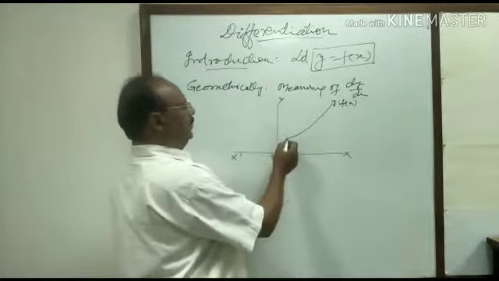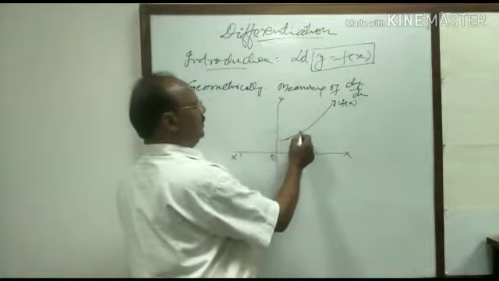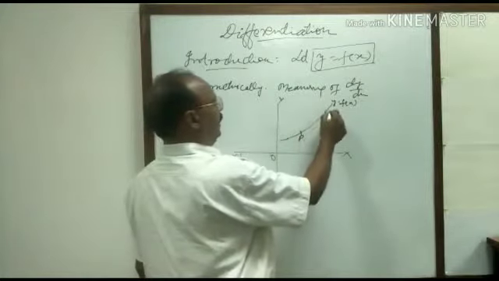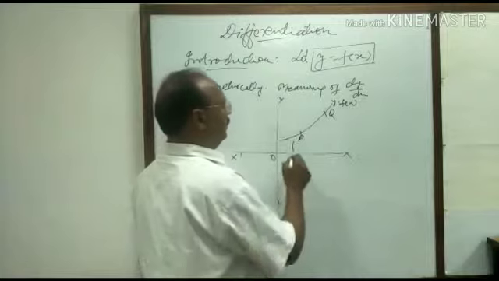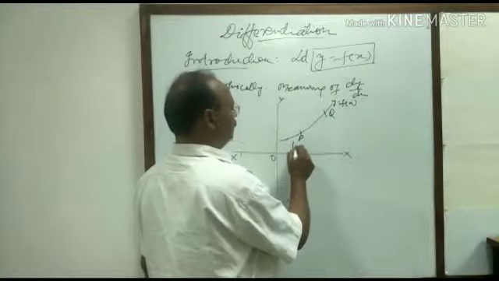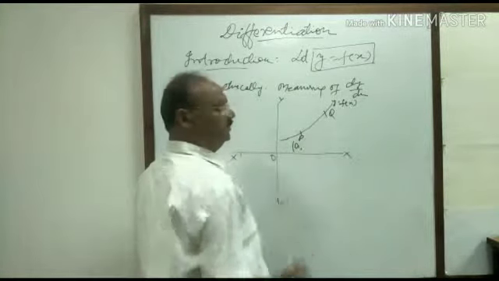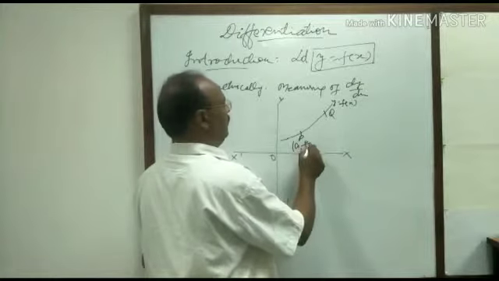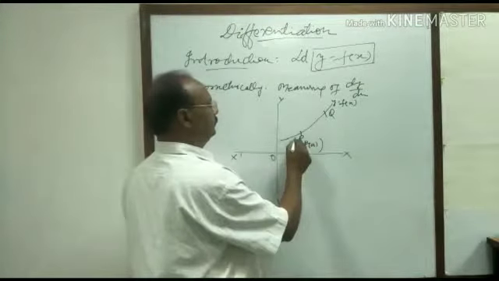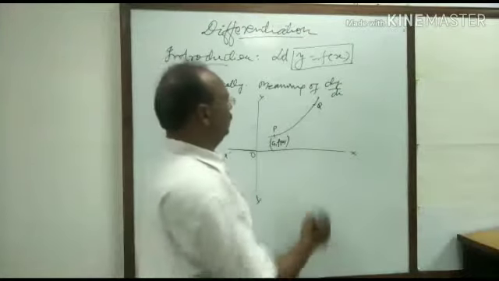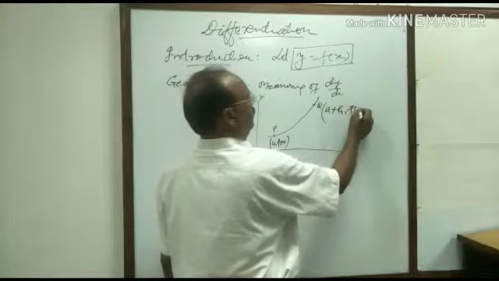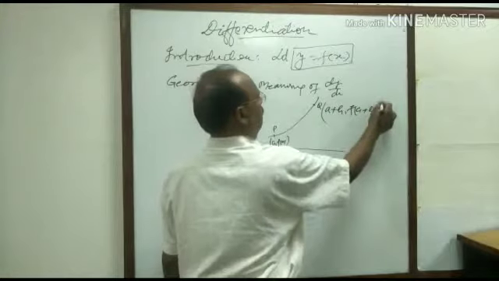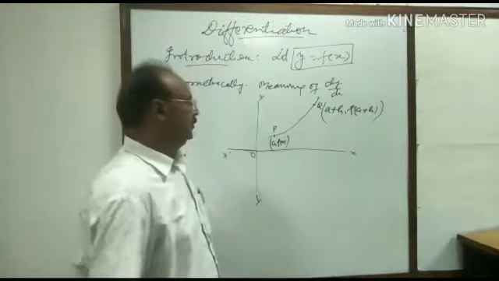Let us take 2 points along this curve, point P and point Q. Suppose point P has x coordinate a, so the corresponding y coordinate will be f(a). And the coordinates of Q are a plus h and f(a plus h).